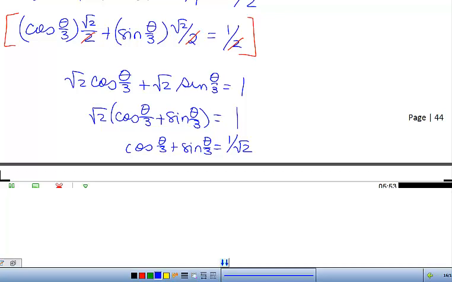One way to eliminate cosine and sine in a situation like this is to square both sides, because then we end up with a cosine squared term and a sine squared term. And of course, we know cosine squared theta plus sine squared theta equals 1. So what I'm going to do next is square both sides.